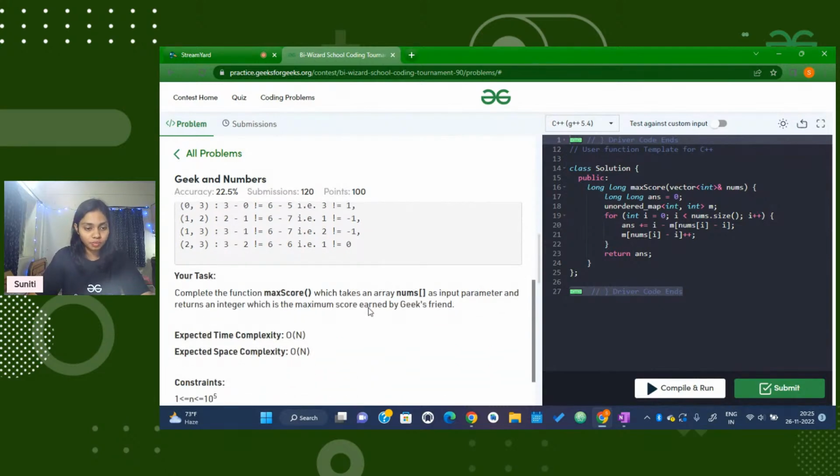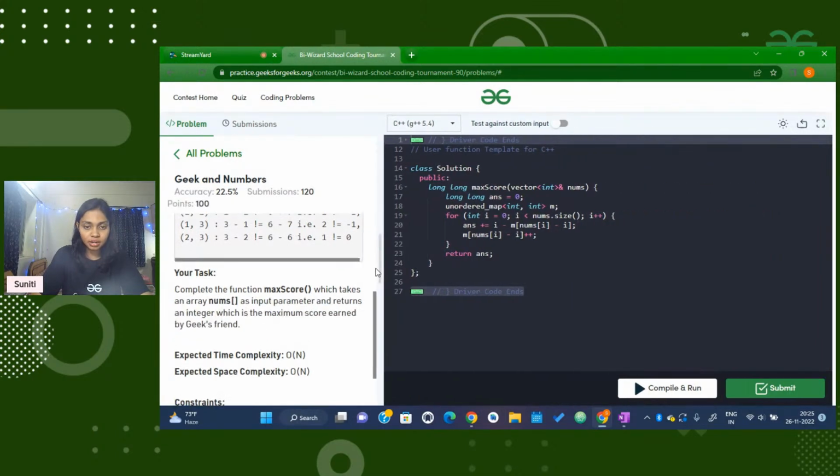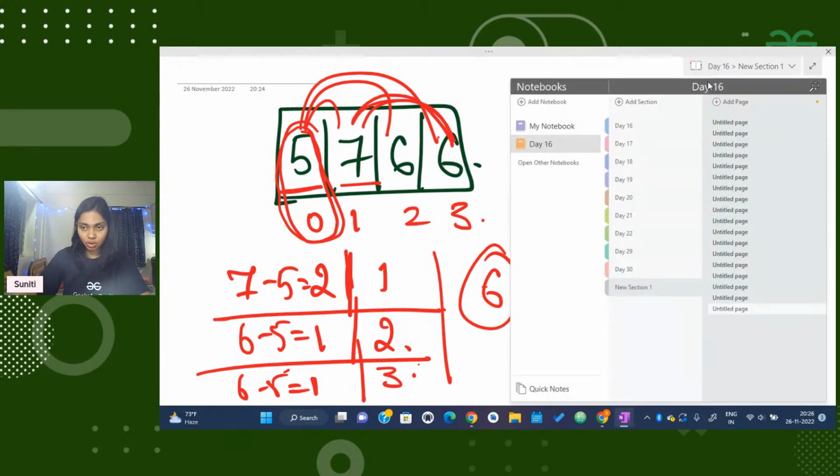Now we need to calculate how many pairs we can generate in all the arrays. The basic idea behind the answer to this question is the use of an unordered map. What we are basically doing here is calculating the difference between the elements and their index values. Once you have that, you can arrive at the final solution. Let us see how.